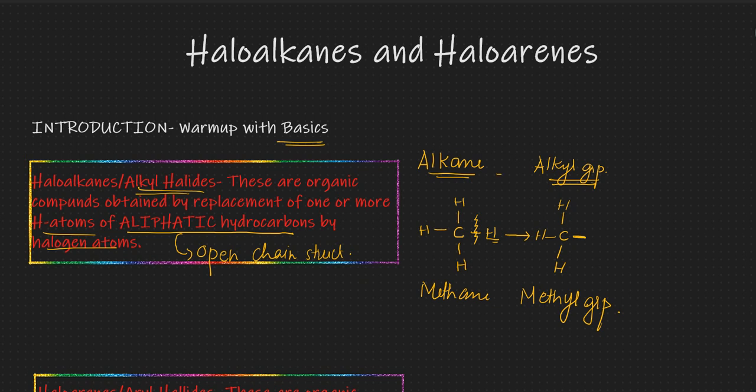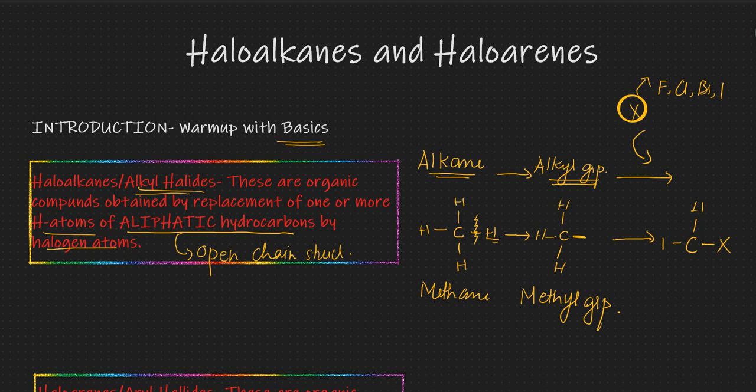Now to this alkyl group I am going to add a halogen atom X, where X could be anything. It could be fluorine, chlorine, bromine, or iodine, any typical halogen atom. So if I add this halogen atom to this alkyl group, it will look something like this.